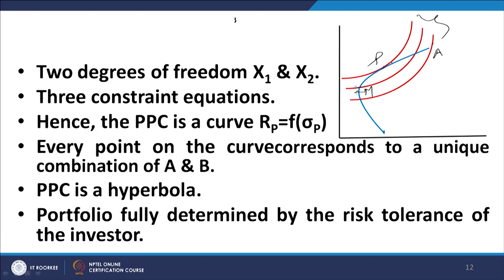So, we superpose the indifference map on the portfolio possibilities curve, identify the curve which is tangent to the efficient frontier, and the point of tangency will give you the portfolio that is appropriate for that particular investor. So, that is how the two security case evolves.